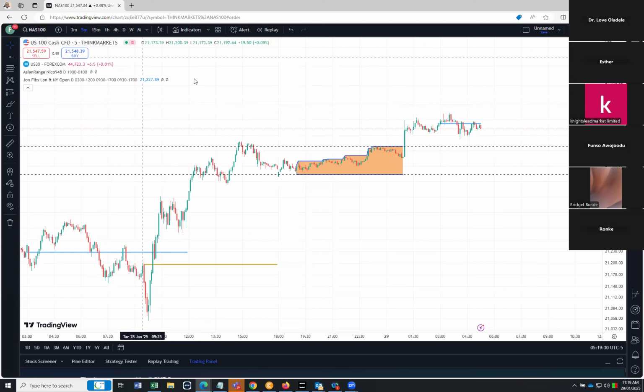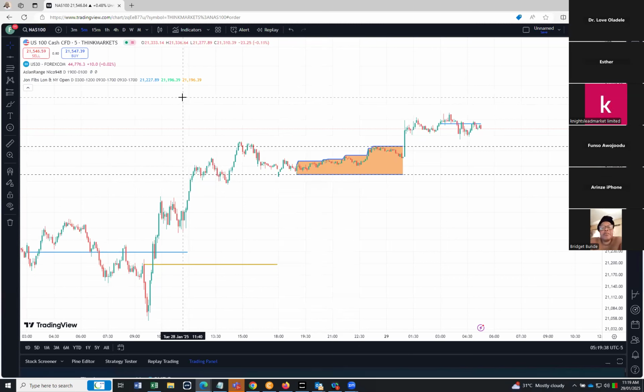Okay, wait, do you have the NAS now? Do you have the symbol? Are you using your phone? Yes, well, I typed it, but it's bringing SPX, NDQ, DJI.